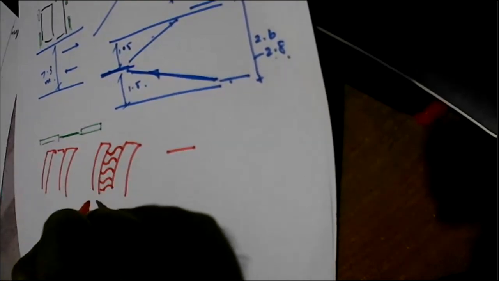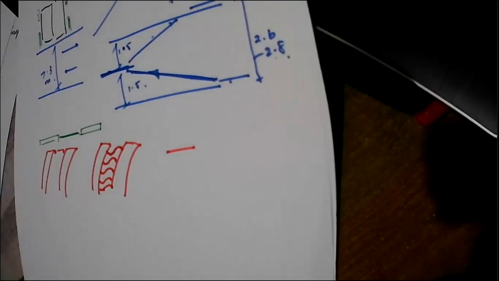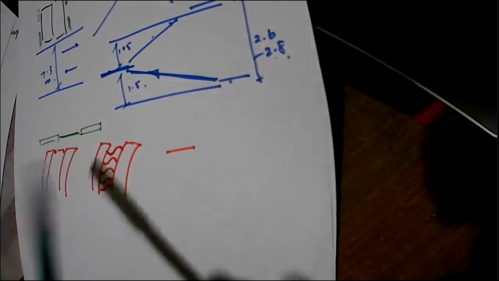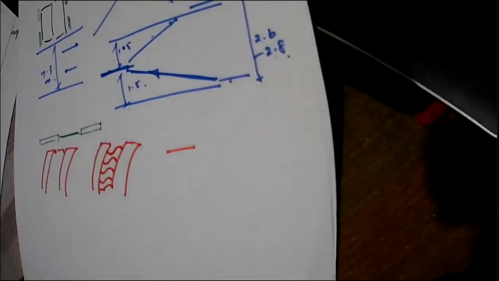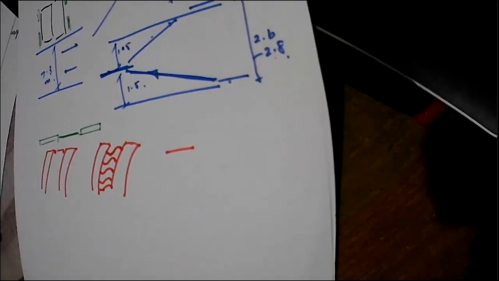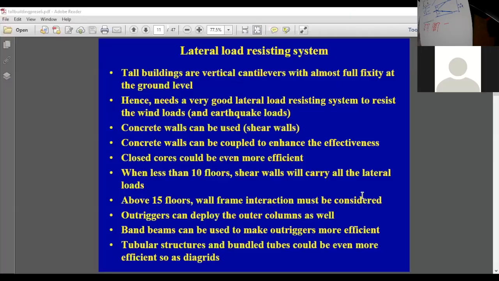Because of that, this combined system can act together, and that can actually share the bending moments more effectively while reducing the magnitude of the bending moments as well. I'll show you how all this happens in a moment when we start discussing the next topic. These coupled shear wall systems can be much more efficient than the individual shear wall systems. So we'll learn about it so that we can understand how the buildings behave.